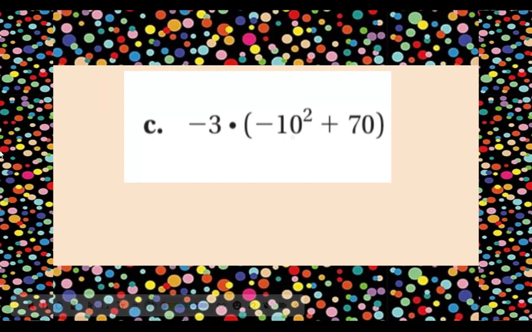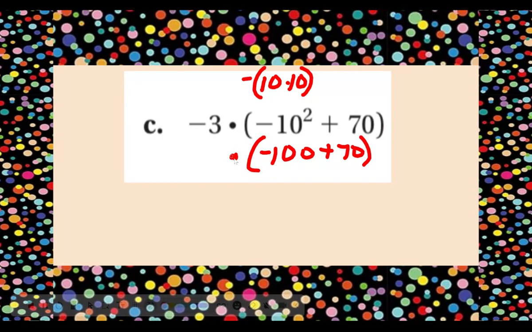Okay, let's look at another one. So in parentheses, I see negative 10 squared plus 70. However, parentheses are not directly around negative 10 squared. So that's saying 10 times 10, keep the negative. So 10 times 10 is 100, keep the negative. So negative 100 plus 70, keep the parentheses, times negative 3.